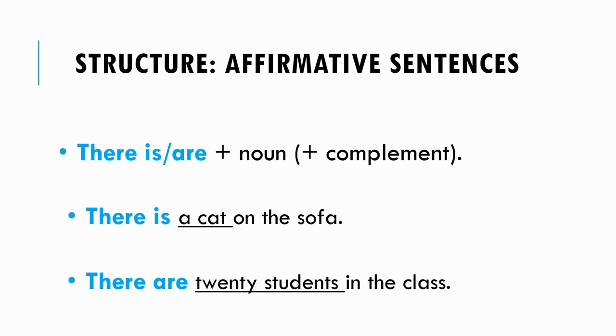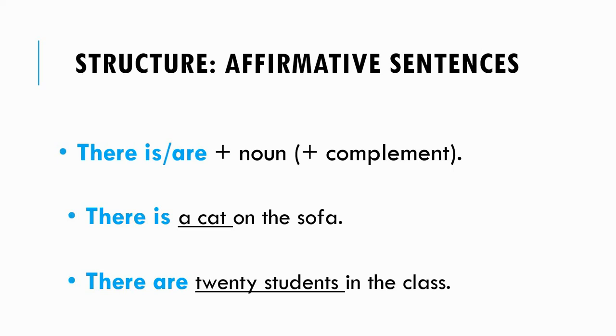No se les olvide que cuando se puede contar algo, podemos incluir el artículo a, y si no quiero poner a, tengo que poner 1, si puedo contar la cosa de la que estoy hablando. 20 students, 2 students, 3 students. In the plural form, we can include the number. Para el plural, incluimos cuántos hay de lo que estamos hablando.